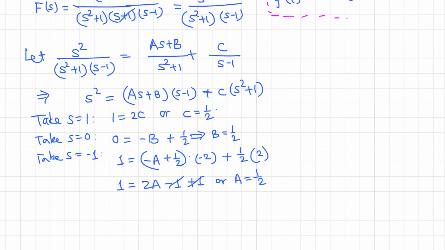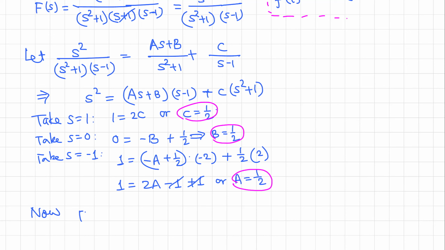Okay, we got all 3 values, and I don't know why all 3 are the same: a is 1/2, b is 1/2, c is 1/2. That means this fraction, whatever the function given is, now we can write that.